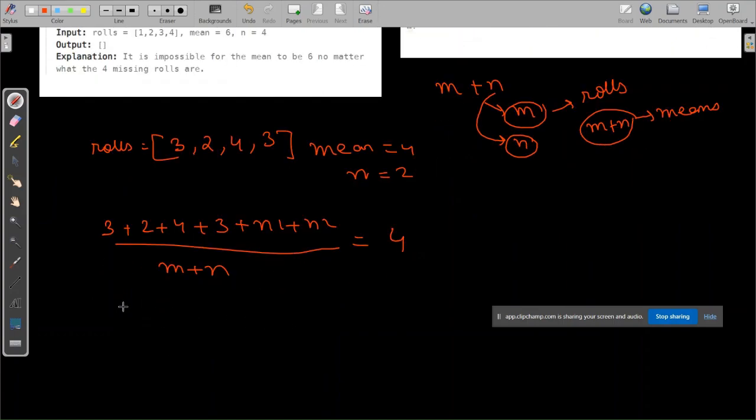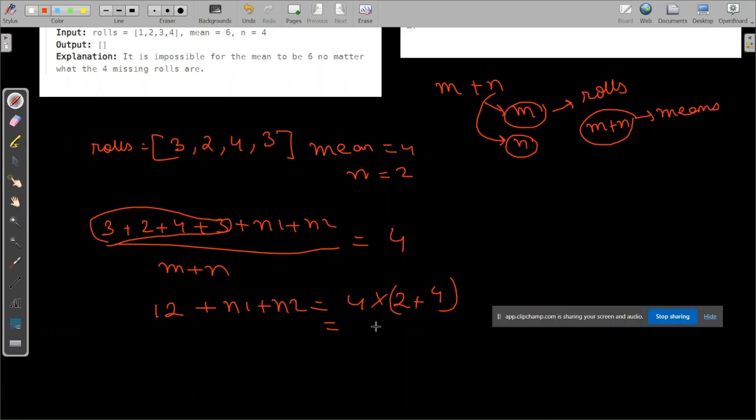Now I can easily say that the sum of these elements, which is 3 plus 2 is 5, 5 plus 4 is 9, 9 plus 3 is 12, plus n1 plus n2 is equal to 4 into 6, that means 24.